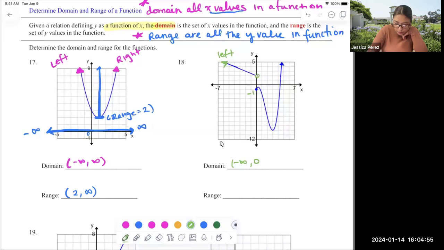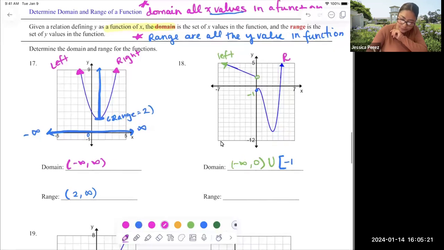The open circle means it's open, and then you have a continuation. So you have a union. That means you have a break. So your union says you're going to pick up your graph again at a bracket because you have a closed dot at negative 1, and then you go all the way to the right side, which is positive infinity.